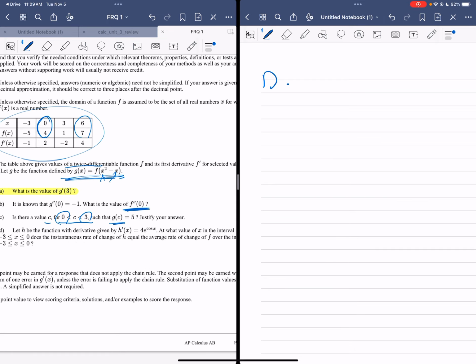So we are going to use -3 and 0, right? f of -3, according to this, is equal to -5.